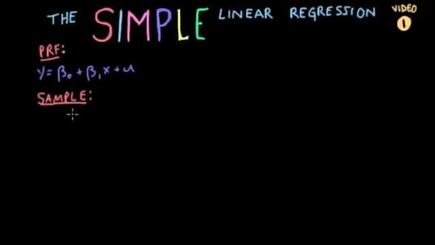And just some terminology first. Y is also sometimes referred to as the dependent or the explained or response variable. X is also sometimes referred to as explanatory or the regressor, and u, our error term, is also sometimes called the disturbance or unobservables. Your textbook or professor might use some of those terms instead, and it might be beneficial for you to know all of them.